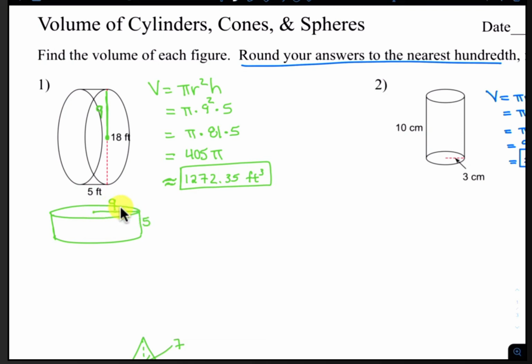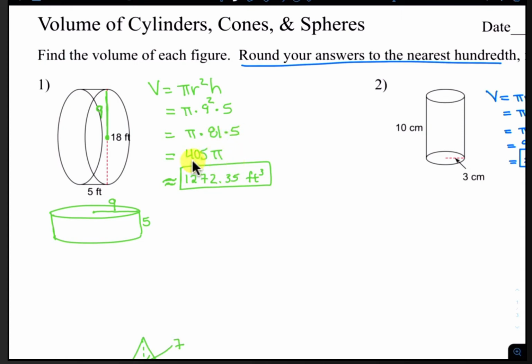The radius is 9. Formula for volume is pi times the radius squared times h, the height. Radius is 9, so that's pi times 9 squared times the height, which is 5. 9 squared is 81, and then 81 times 5 is 405.